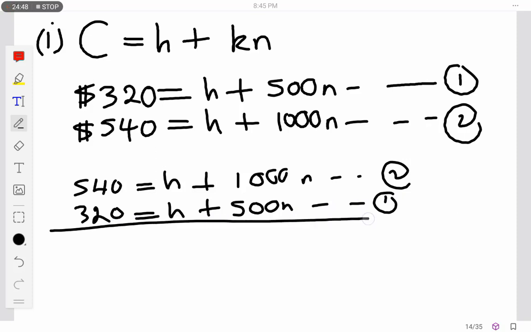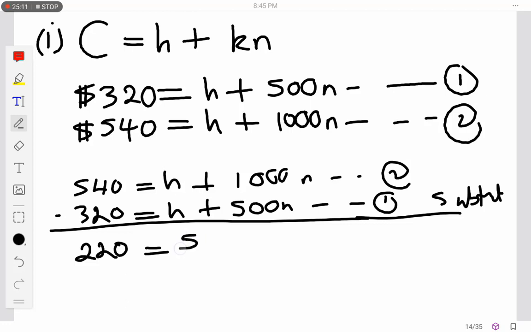So at this point, because I want to eliminate H, I'm going to subtract. So 540 minus 320, I get myself 220 is equal to, the H there, I get a 0 here. Okay, so it doesn't matter whether we write it or not. Then 1000K minus 500K, that will give me 500K.